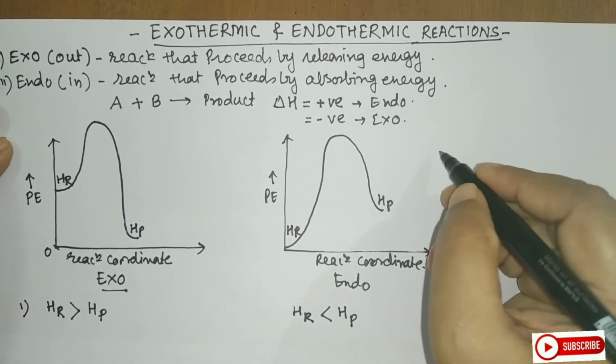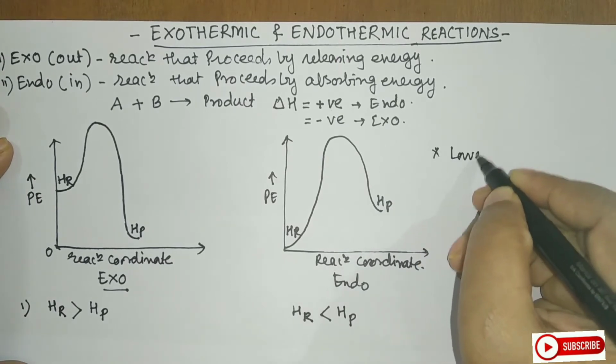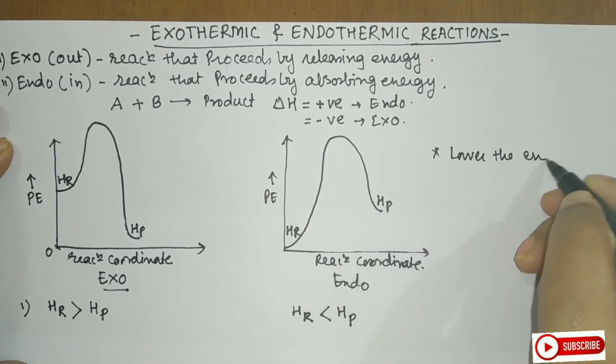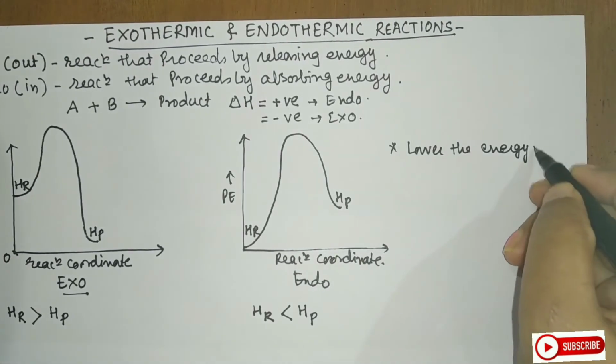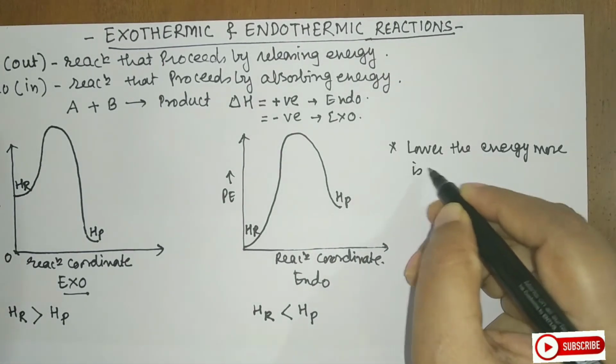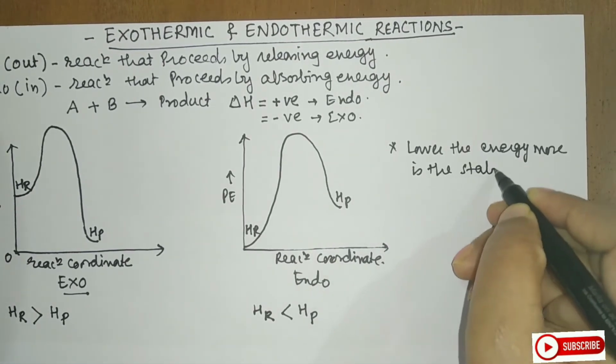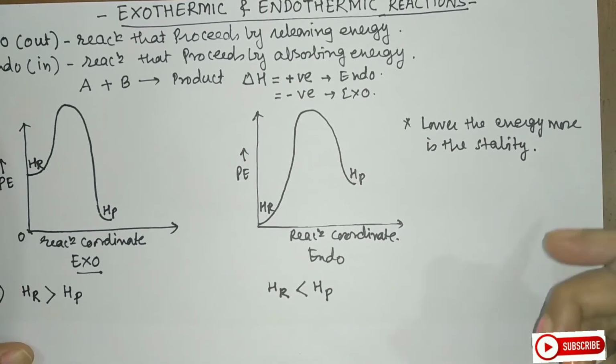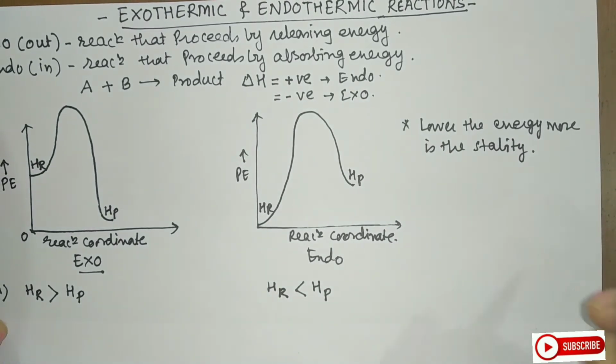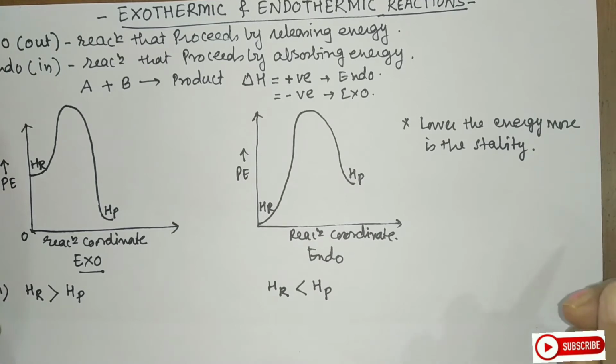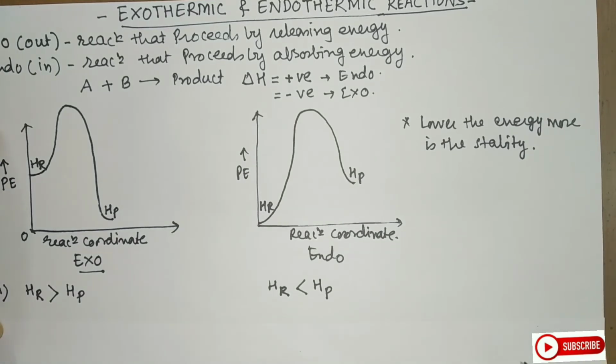Students, you know that the lower the energy, the more is the stability. What I mean is, any system, any reaction, any atom or molecule, when it is in its lower energy state, its stability is more as compared to higher energies.